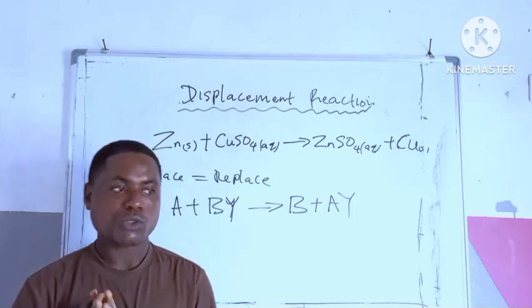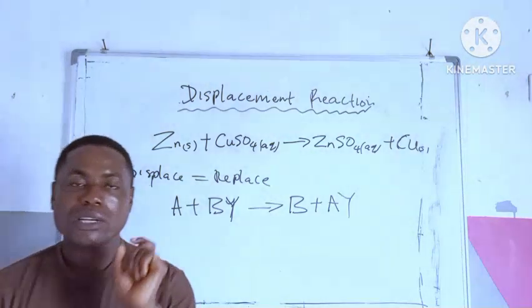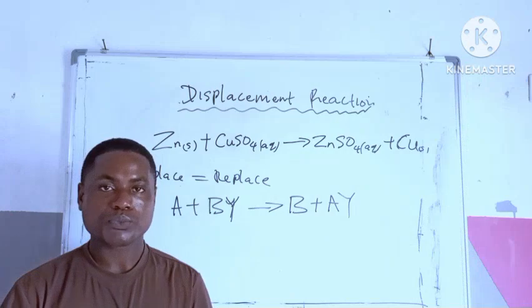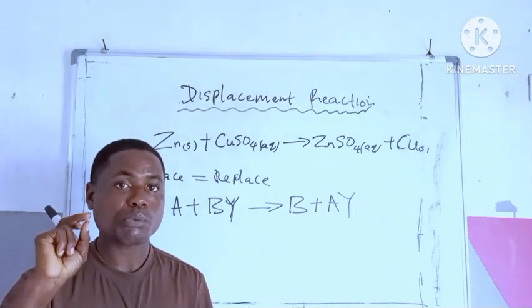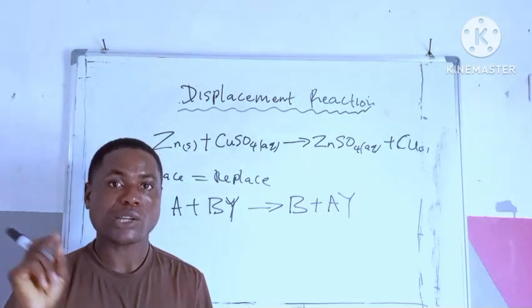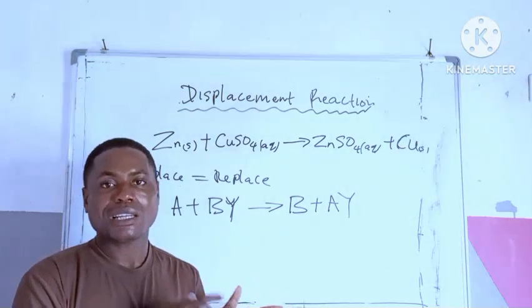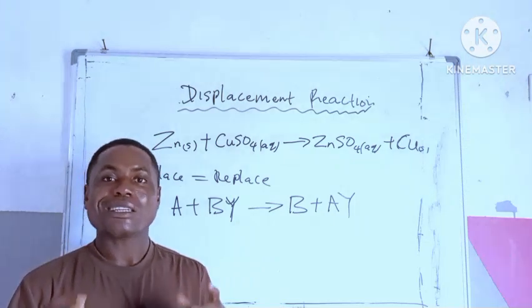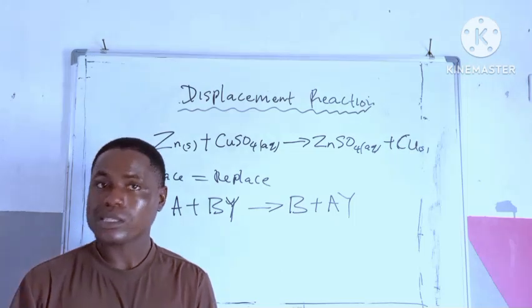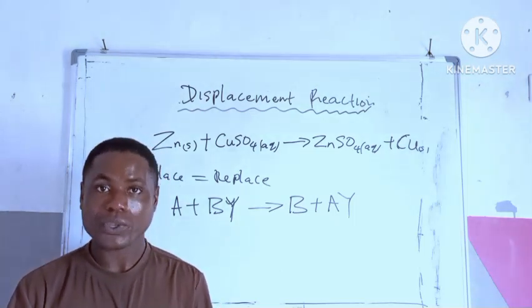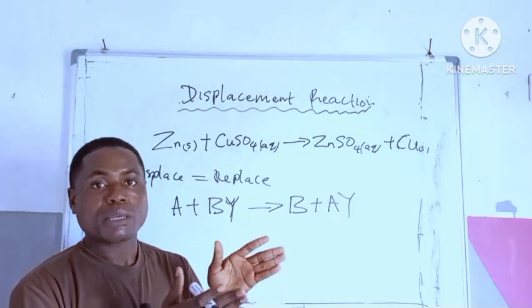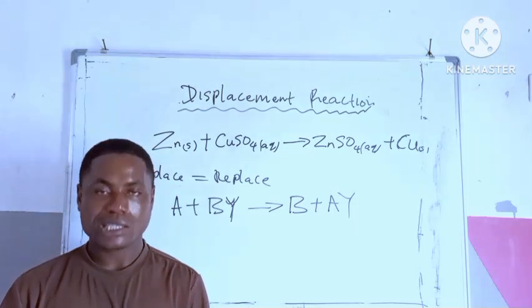Now listen, I want to explain something. For a given element to replace another element in a chemical reaction, the more electropositive ones are the ones to replace the less electropositive ones. We have both the positive ones and the negative ones.